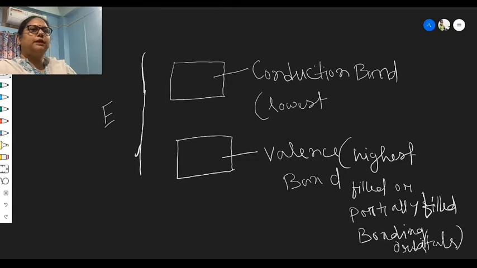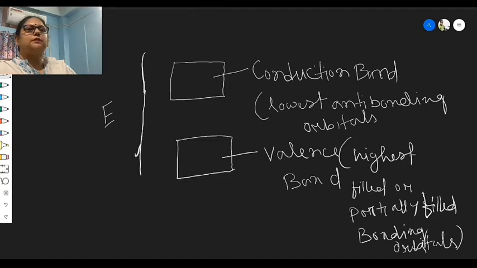And conduction bands are formed by the lowest antibonding orbitals, which are unfilled.